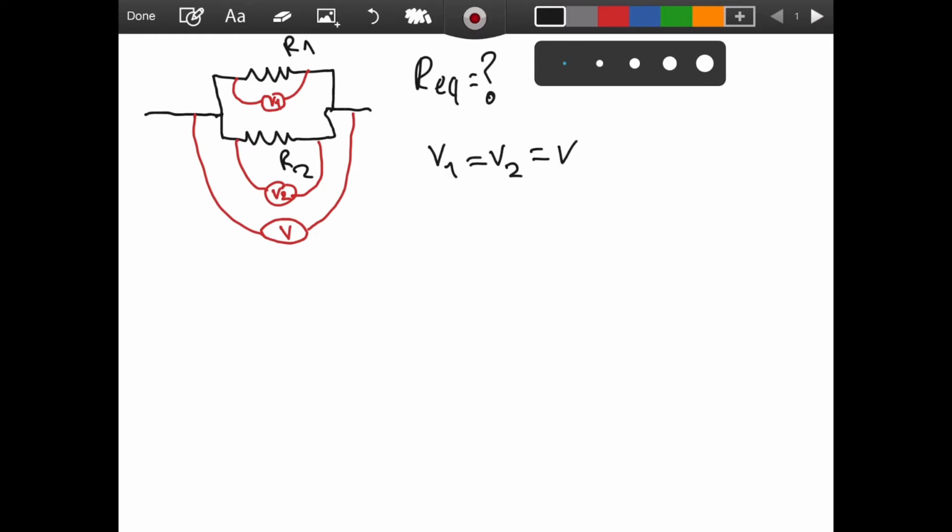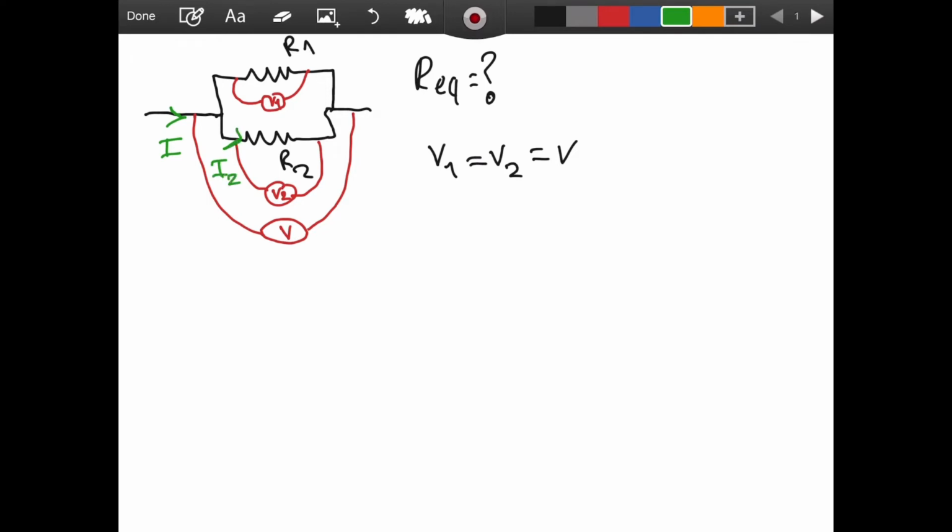And what else do we know? Well, we know that if we have a current I coming through, it will split into two, so that if we label this one I2 and this one I1, this means that I1 plus I2 is equal to I. And this is actually enough equations to derive a formula.